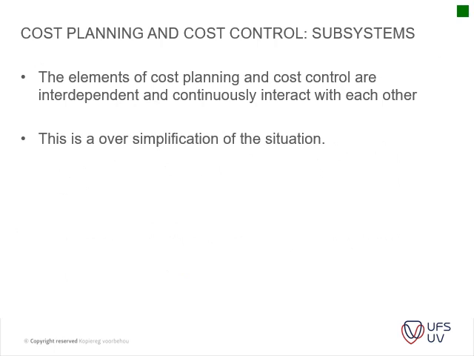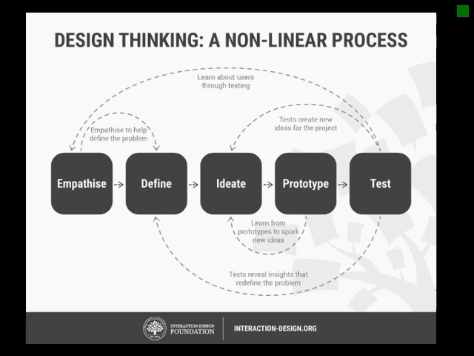Cost planning, cost control subsystems. The element of cost planning and cost control are interdependent and continuously attract each other. This is a little bit of an oversimplification of the situation though. So then I just highlighted here how thinking is non-linear in process, you can just go through this.